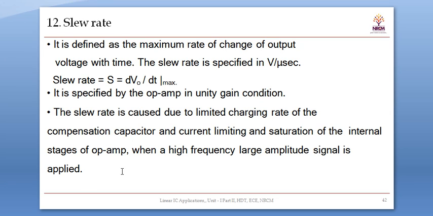Newer op-amps like LF351, MU-A771 and MC34001 are available in the market with a higher slew rate of 13 volt per microsecond, and one op-amp with a slew rate of 70 volt per microsecond is LM318. These are the newer op-amps which have higher slew rates. Due to the slew rate, you cannot use the op-amp in higher frequency applications.